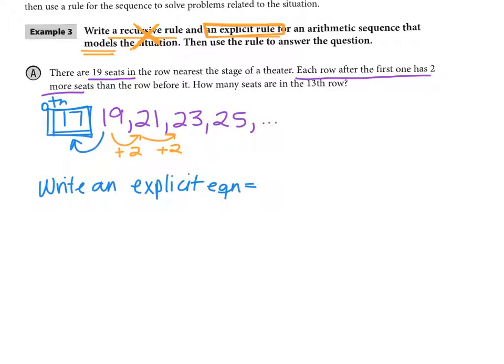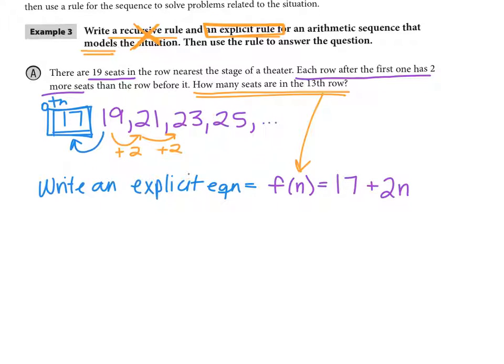So my explicit rule is going to be f of n equals my starting point, 17, and then I'm adding 2 over and over and over again, so that's plus 2n. All right, there's my rule. Now we want to answer the question: how many seats are in the 13th row? Well, all that means is I just need to plug 13 in.